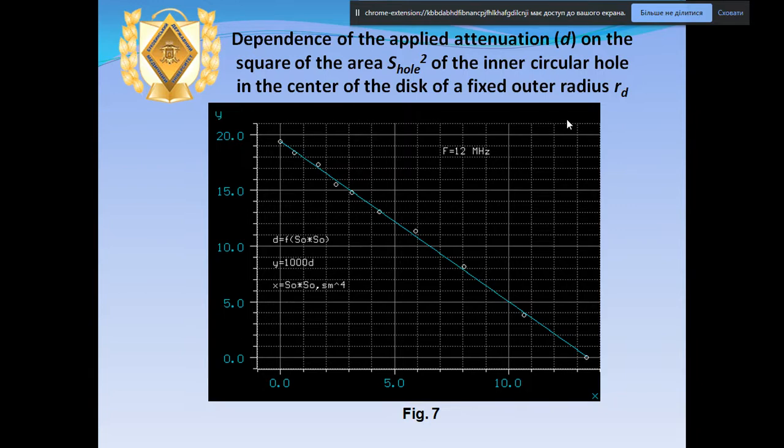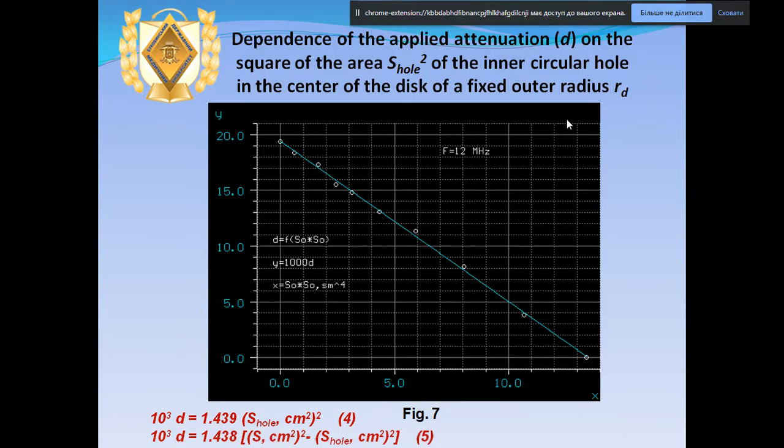These measurement results are shown in Figure 7. From Figure 7, it follows that this dependence has the following form. Formula 4. The general formula for calculating the input attenuation for the aluminum disc for any radius with a hole radius has the following form.